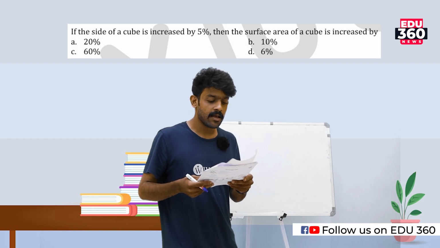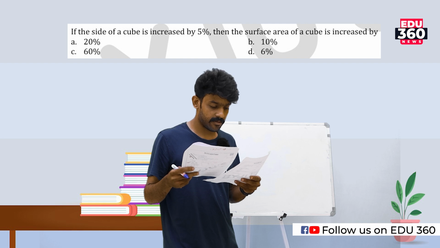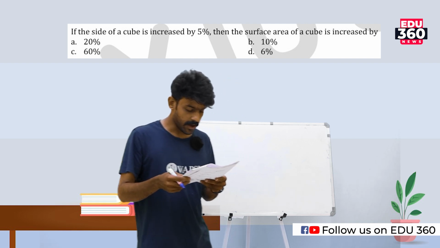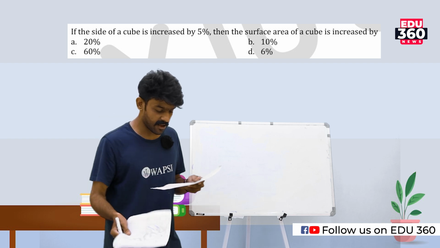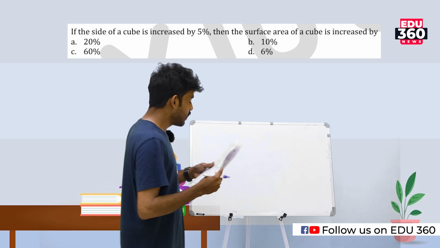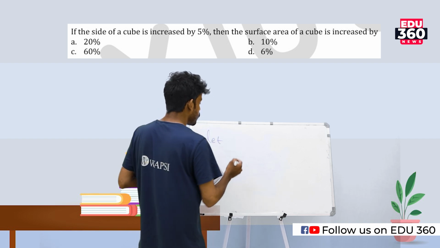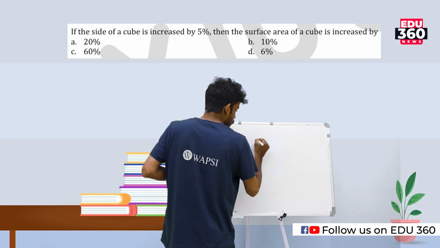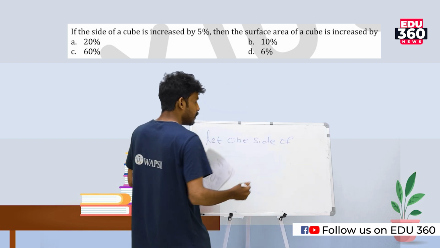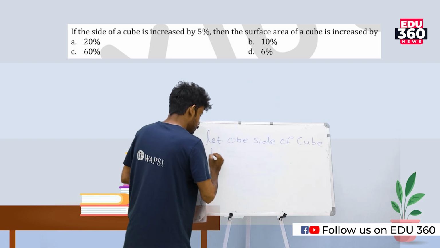We need to find how the surface area is increased. Yes, that means the surface area is increased, okay, how? That means in percentage. So first of all, we can write let one side of the cube be x.